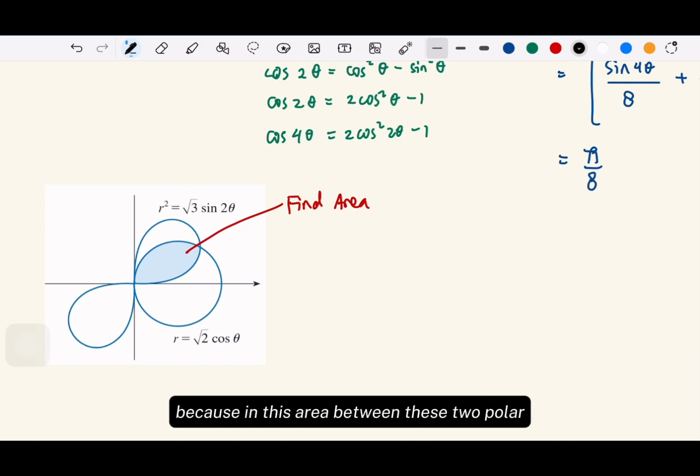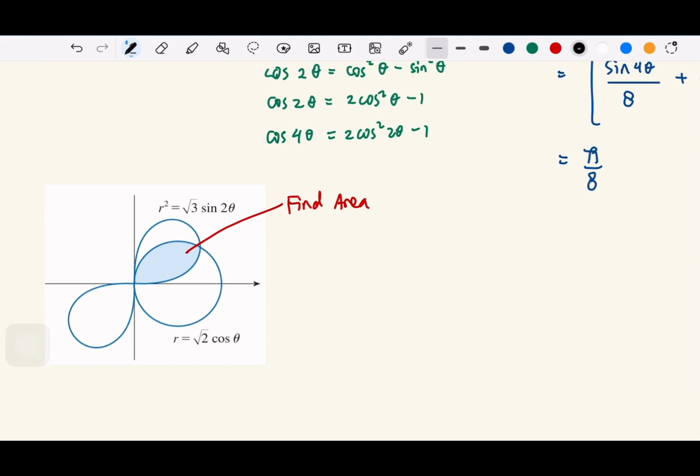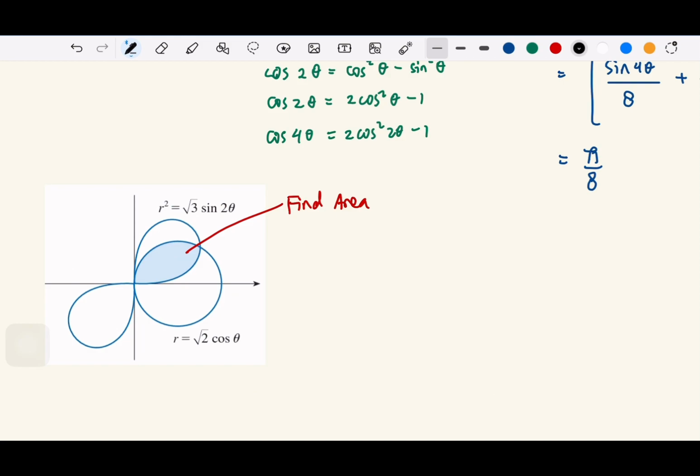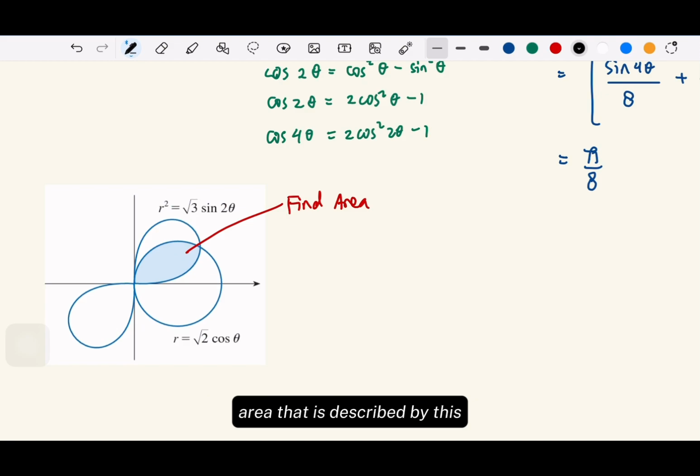Because in this area between these two polar curves, perhaps if we cut this, we can see that we have two different areas: the area that is described by this, and the area that is described by the lemniscate. So I think the best way is to find this point.